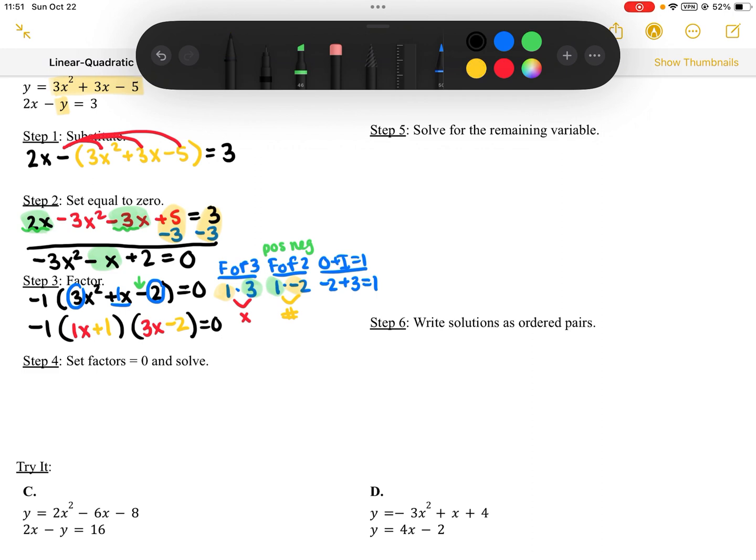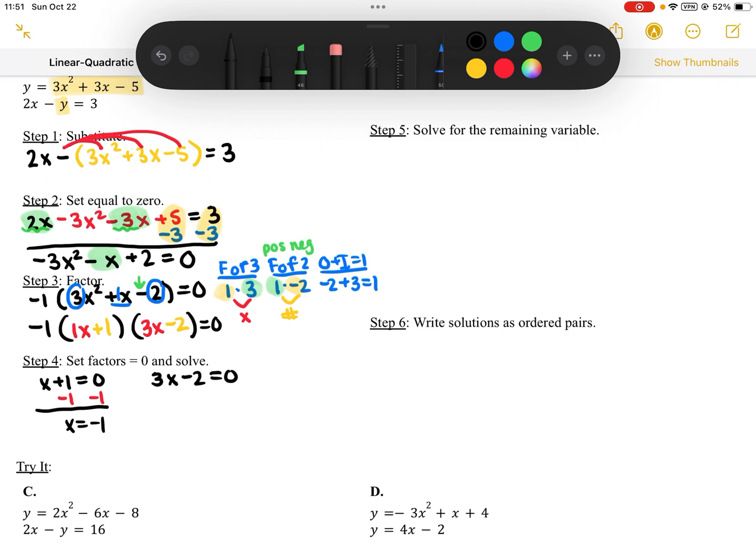Now step 4, set your factors equal to 0 and solve. So my first factor is x plus 1, set it equal to 0. Second factor, 3x minus 2 equals 0. From here, I'm going to get my x by itself. So I'm going to subtract 1 from both sides.